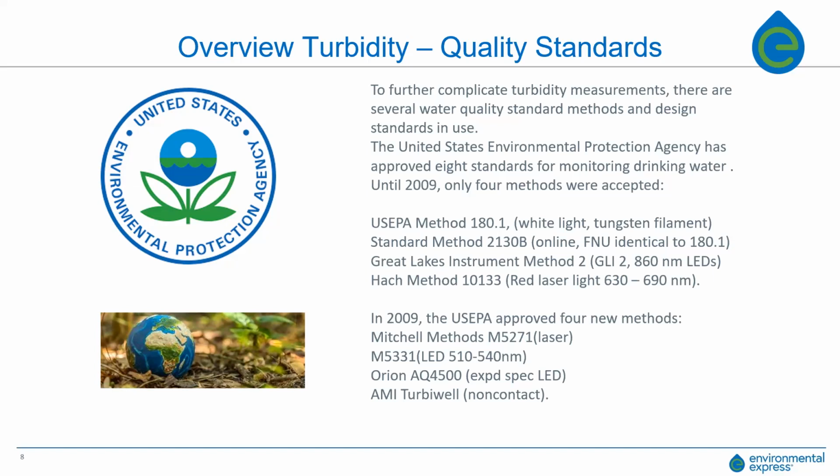So essentially, you'll sometimes hear the 860 nanometer LED light source referred to as an infrared light source. That's because that band happens to land in the infrared section of the electromagnetic spectrum.